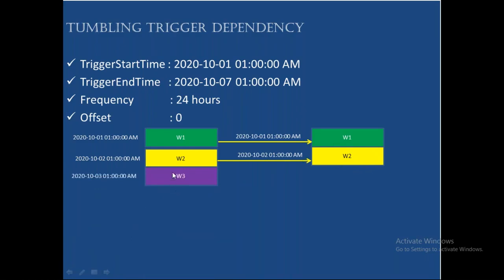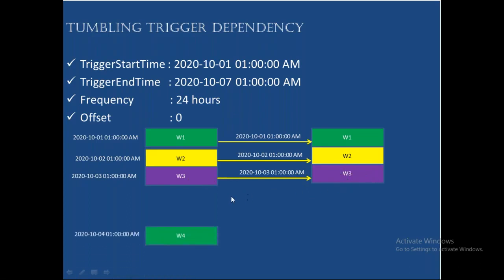Once the pipeline 1 status is received, then it will start executing the activities. Same goes here. Window 3 started on October 3rd, and pipeline 2 also will start at the same time. Pipeline 1 will start executing the activities, and pipeline 2 will wait until the pipeline 1 status is received.